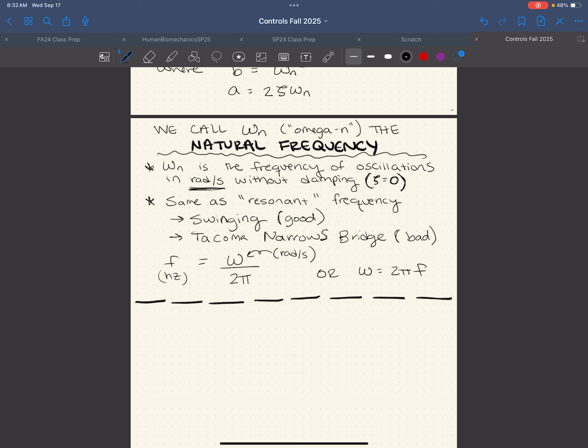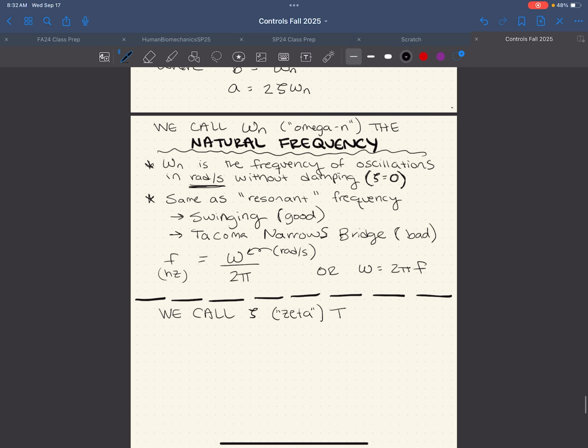I'll try to start out parallel to the natural frequency here. This symbol, we call it zeta. This is the damping ratio.